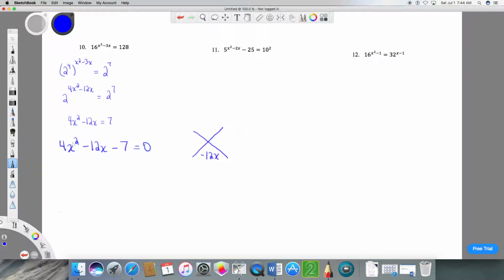If we multiply the first term times the last term, we have negative 28x squared. So we're looking for two values that multiply together to give us the top number, but add to give us the bottom. Well, I believe that if you double negative 14, then you'll get negative 28. And if we add negative 14x and 2x, we'll get negative 12x.